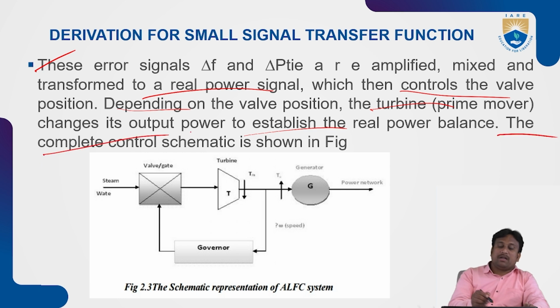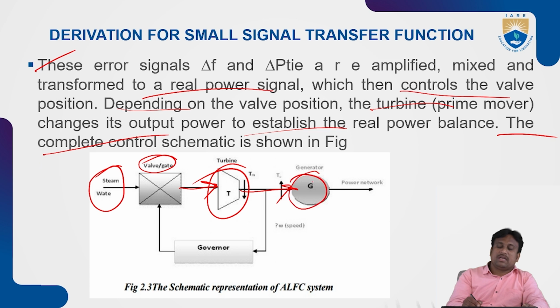So the complete control over the blocks is represented here. From here, the steam is going to be given. Valve gates are going to be controlled, which are connected to the turbine mechanism, and this setup is connected to the generator G, and this is the tie line to the power network. So this entire process is connected to the valve gate and the governor mechanism.